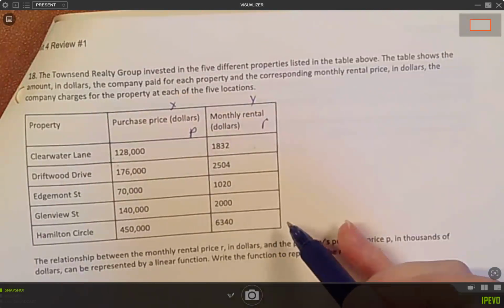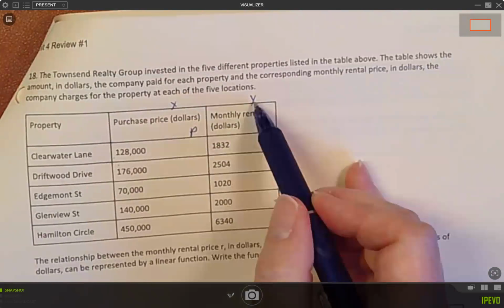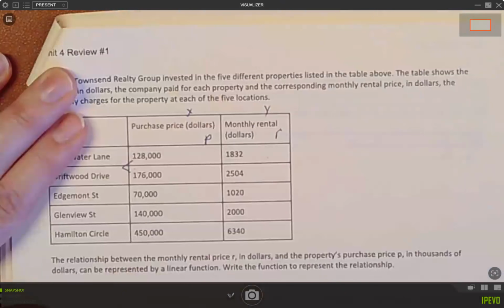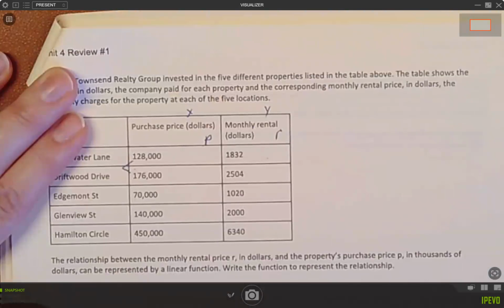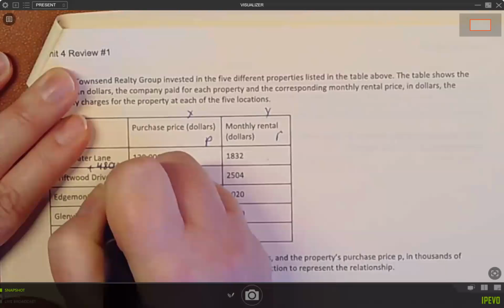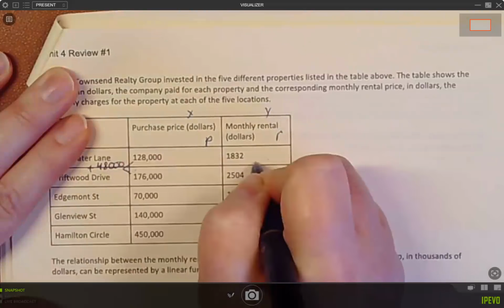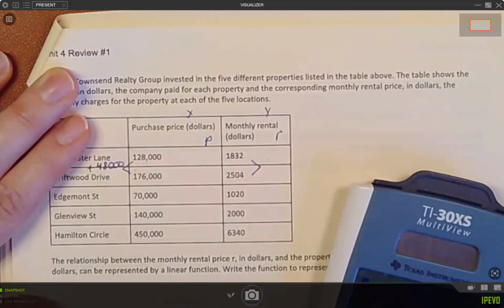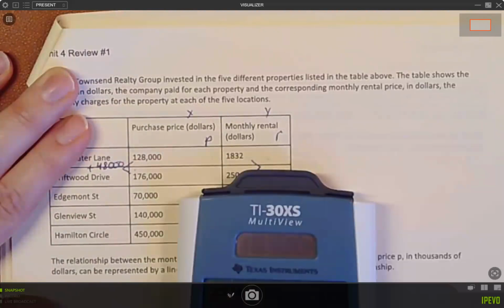So I want to look at the rate of change, our slope. So from 128,000 to 176,000, that will be an increase of 48,000. And then from 1,832 to 2,504, that's an increase of 672.